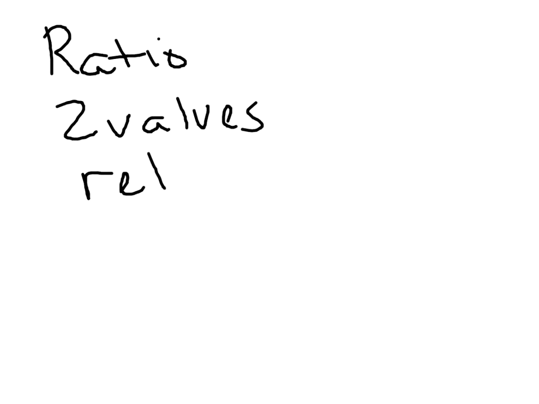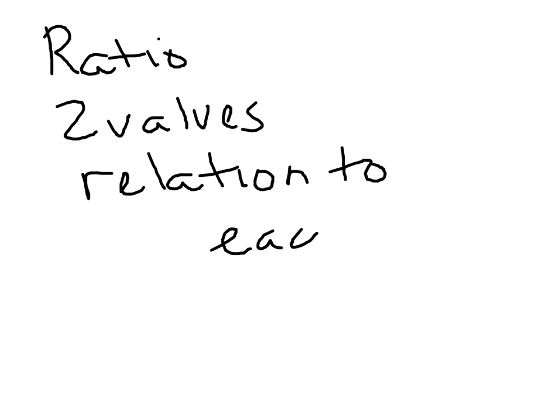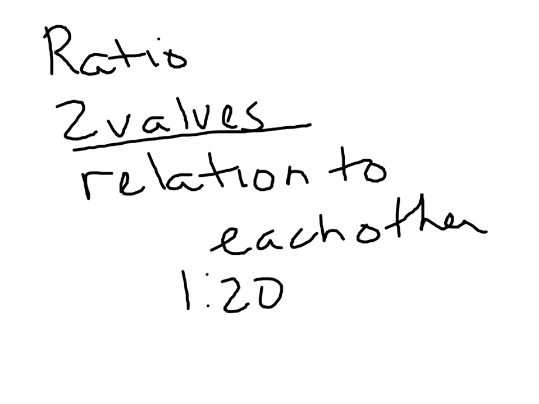So ratios, you have two values, and it's all about their relation to each other. Right? You know, 1 to 20, things like that. And you're always going to be given those two values.